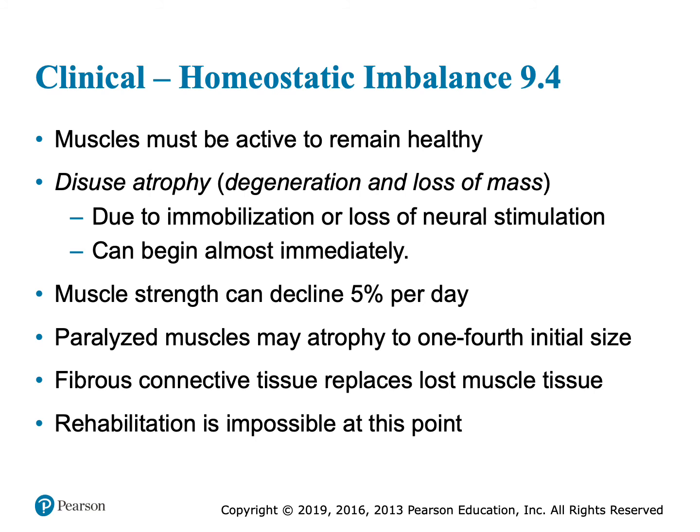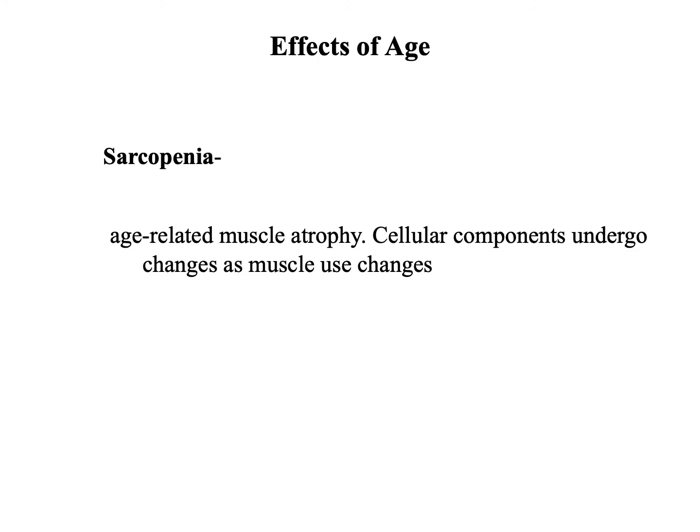So this is why physical therapy is so important. As soon as something happens to somebody, as soon as they're physically able, they throw them in physical therapy so you don't lose those muscles. The older we get, the less mitosis we can do. This is atrophy specifically from age, called sarcopenia.